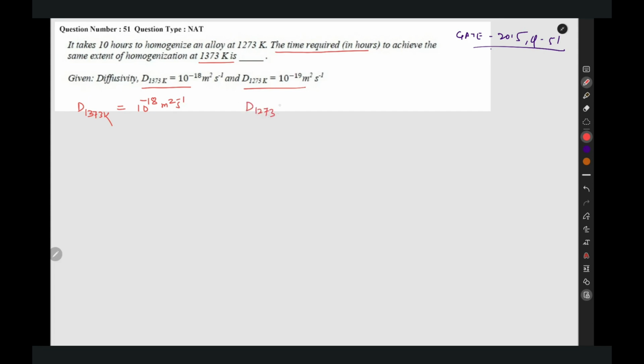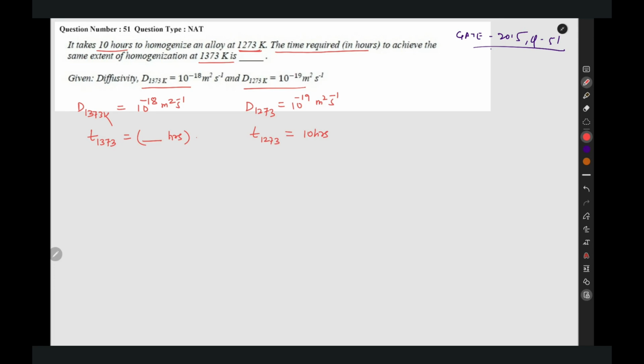Diffusivity at 1273 is 10 to the power minus 19 meter square per second. At 1273 Kelvin, it takes 10 hours. So time at 1273 Kelvin is given as 10 hours, and we have to determine time at 1373 Kelvin in hours.